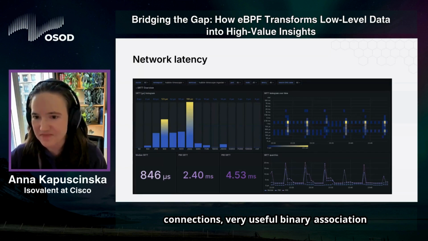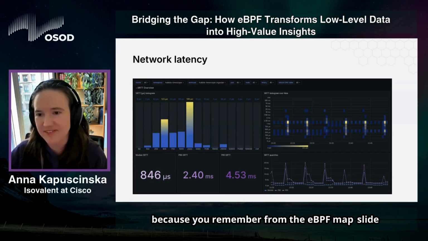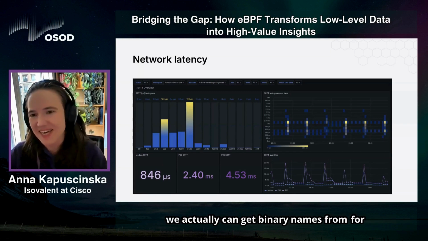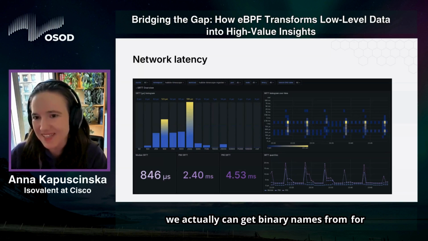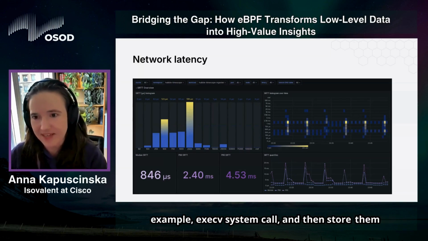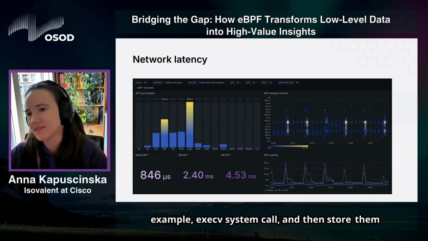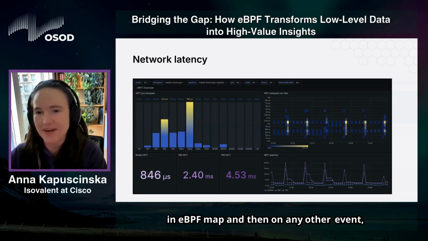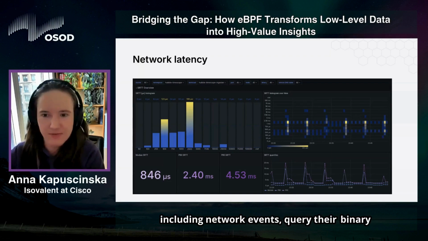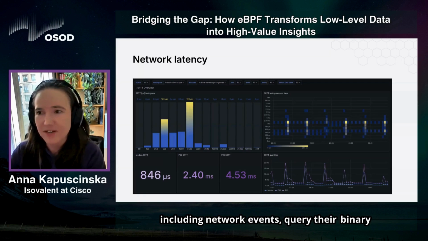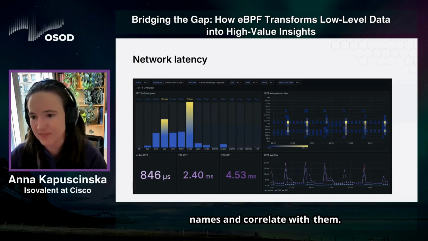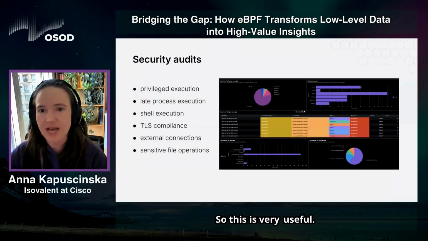Binary association, because you remember from the BPF map slide, we can get binary names from, for example, the execve system call, and then store them in a BPF map, and then on any other event, including network events, query the binary names and correlate with them. So this is very useful.